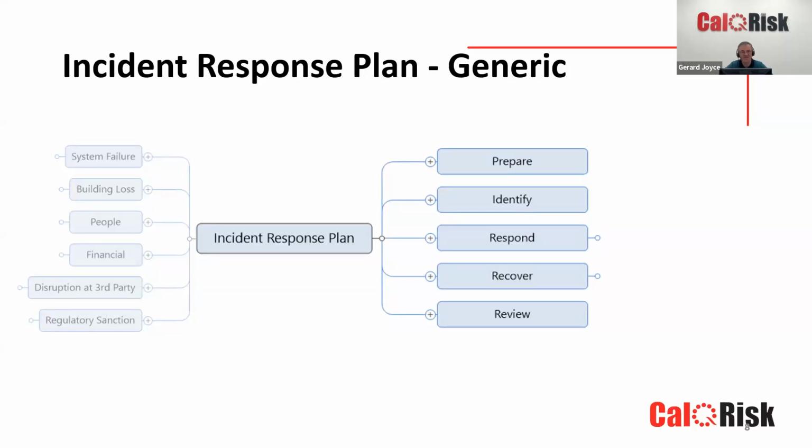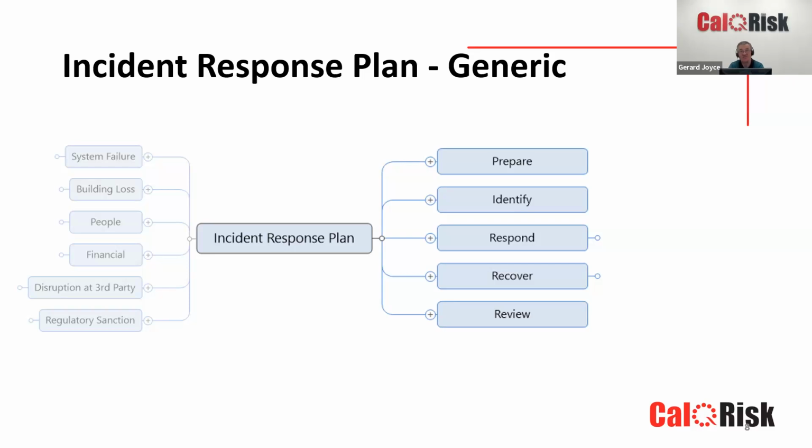But before we focus on the cyber, just a word on a general incident response plan. I would see it here in 5 headings. Prepare, and we'll look in a moment at what prepare is. You know, who are in the teams that you're going to need depending on the particular scenario. How would you identify if you've got an incident, and what type of incident, and how are you going to respond? Because that feeds into the response.